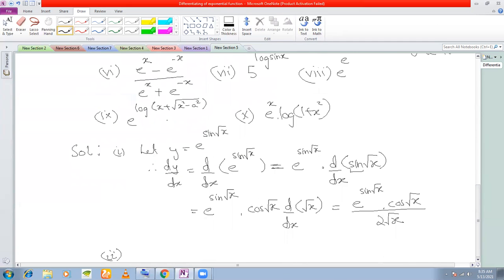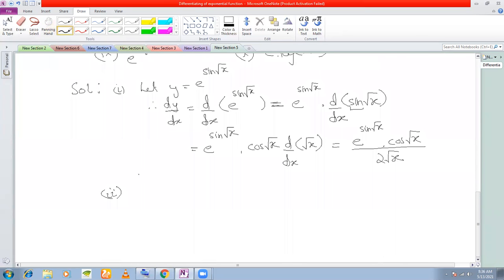Okay. Number 2. You have e to the power of x square by 1 plus x square. dy dx will be, okay, help me out with this also.